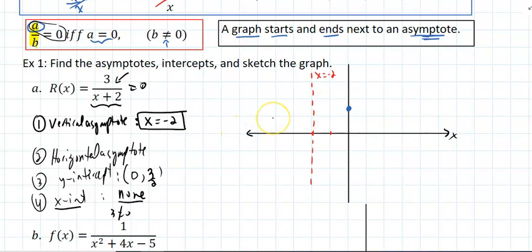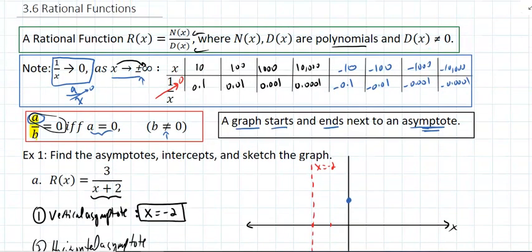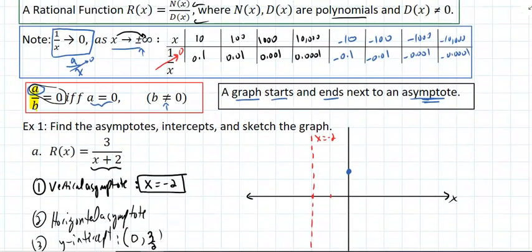Very good. Now let's go to the horizontal asymptote. Horizontal asymptote is something that in calculus we call limits. We're going to start talking about the idea of a limit, but not in full detail, barely. So this is how we're going to find the horizontal asymptote. We're going to look at the top and say, what dominates the top function? The top is dominated by 3. So end behavior of the top, end behavior of the bottom. The end behavior of the bottom is x is going to dominate over the 2.